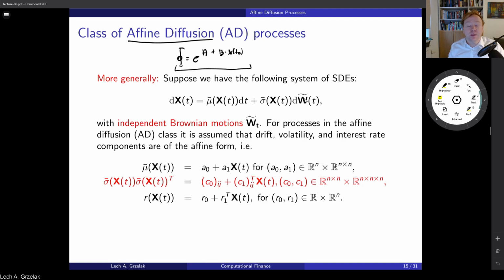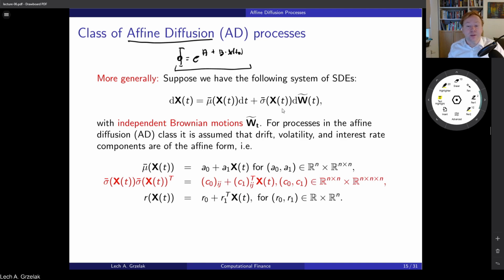So in practice, most likely you will work with Brownian motions which are correlated, but you can still represent the system in terms of independent Brownian motions. However, then your sigma matrix will need to involve special terms such that the Brownian motions will be correlated. We will discuss this particular condition, how to represent dependent Brownian motions in terms of independent Brownian motions, later in the lecture.